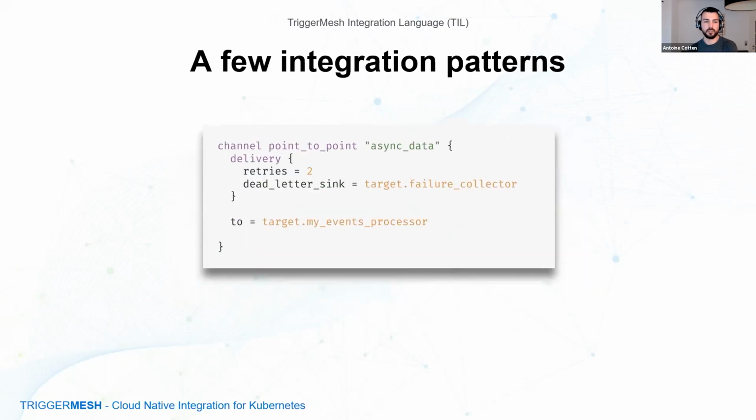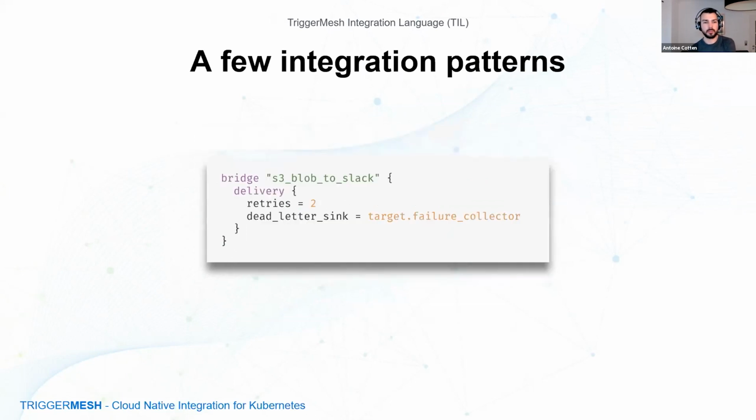Okay, last thing I actually forgot to tell you about, but this is one of the most powerful things in my opinion, is the possibility of configuring the delivery guarantees and retries and dead letter queue or sink at the scope of the entire bridge.